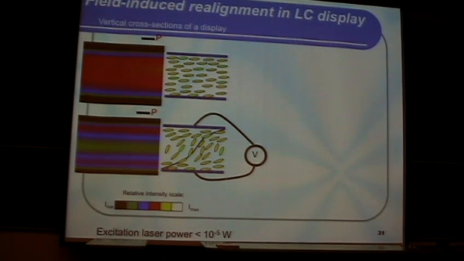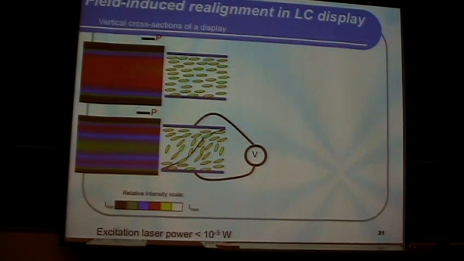And so the realignment often can be achieved using electric fields, with voltages of the order of 1 volt. The fluorescence confocal microscopy image depicted here clearly visualizes this realignment in the vertical cross-section.